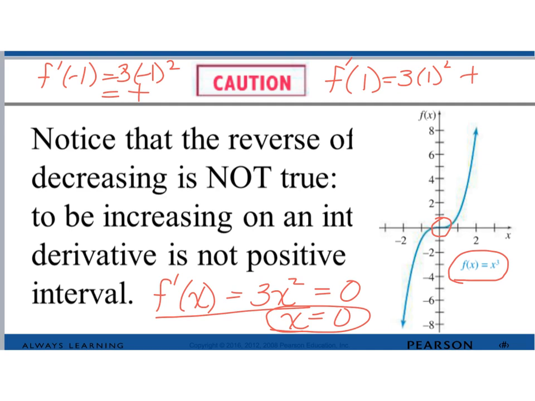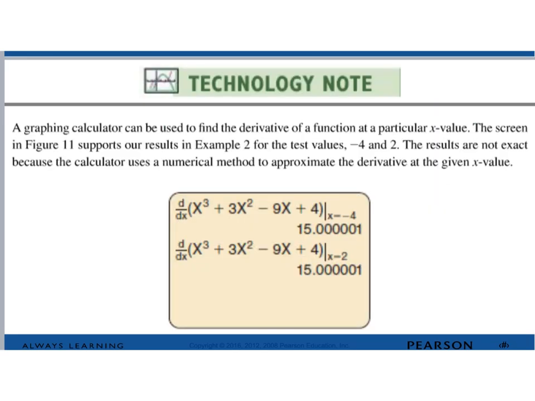It is possible for a function to be increasing on an interval even though the derivative is not positive at every point on that interval. Now we'll learn why this is very important later, because x equals 0 is actually called an inflection point. It's only a candidate.